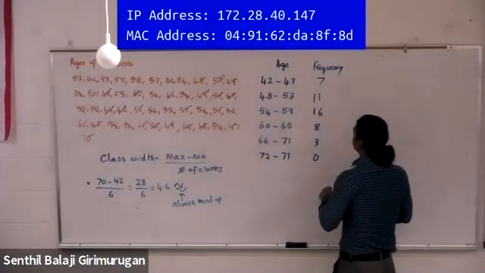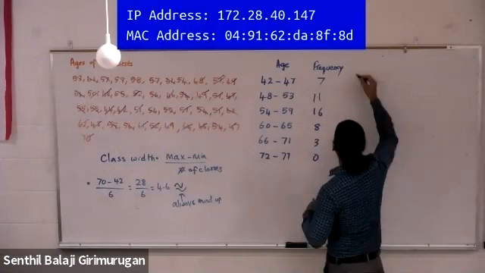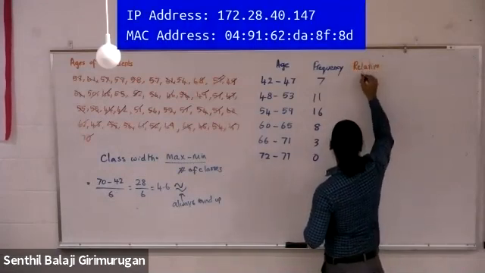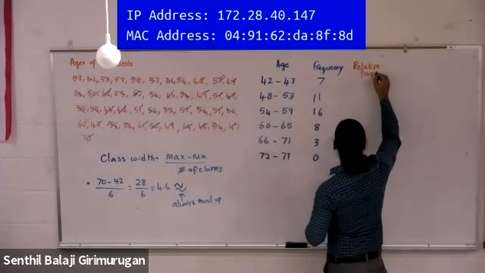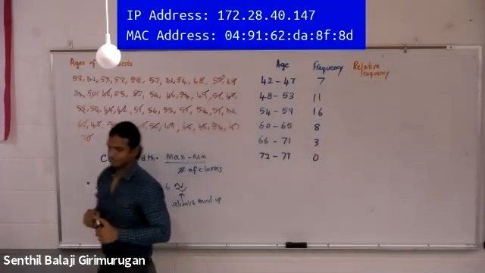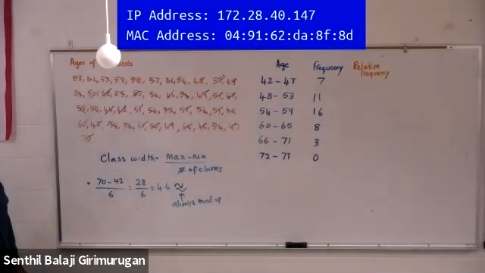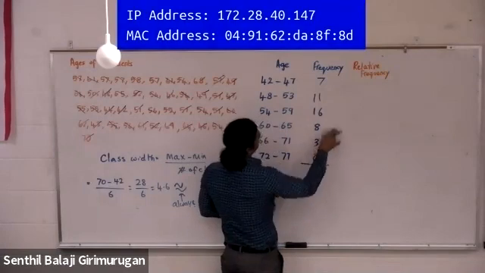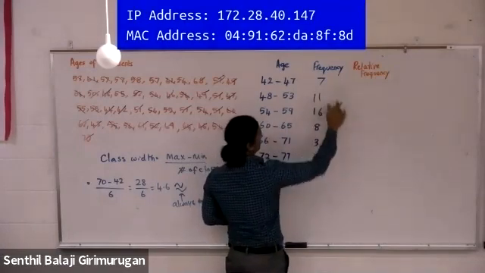So how do we find the relative frequency? Frequency divided by the total amount. So in total, we have cumulative counts 11, 22, 32, 38, 45.